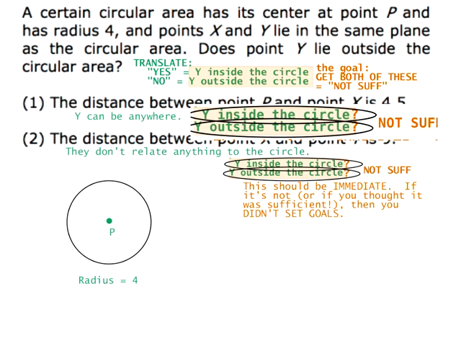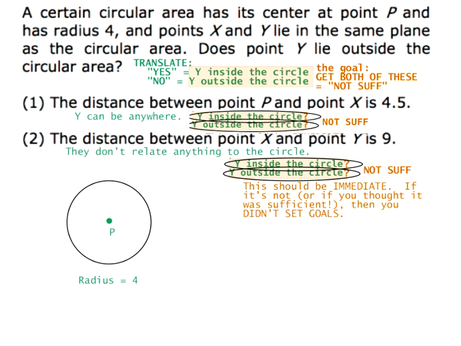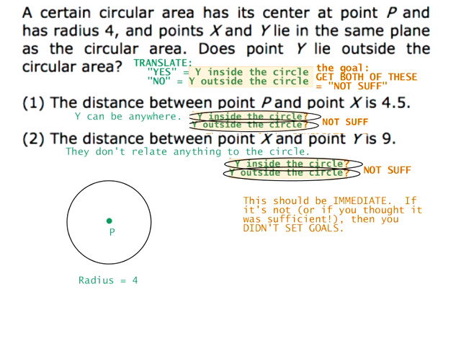So again, both outcomes are immediate. And the same warning applies to this one as to the other one, which is if you didn't immediately get this. So let me actually revise that. Both individual statements should be immediate, the resolution of both of them.